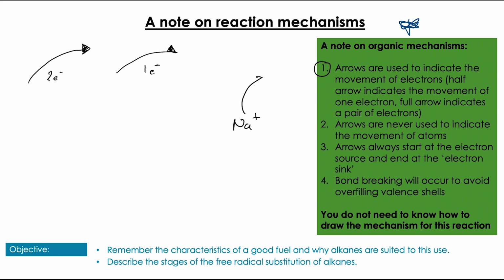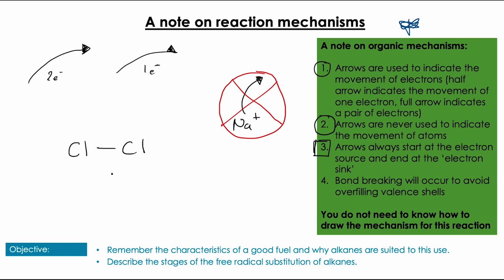You always write the negative charge moving towards the positive. We never write this ion is moving. We always draw the movement of electrons. So remember that the arrows show the movement of electrons from one area to another.